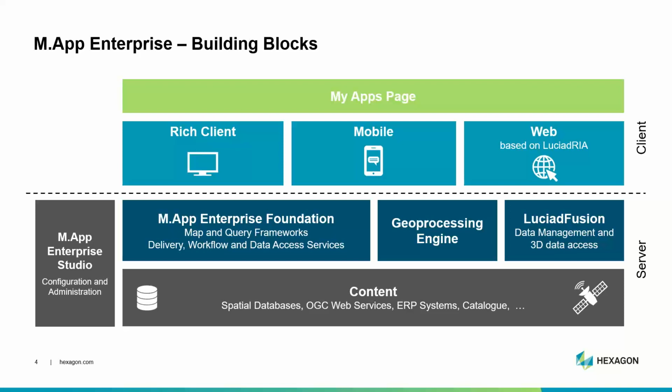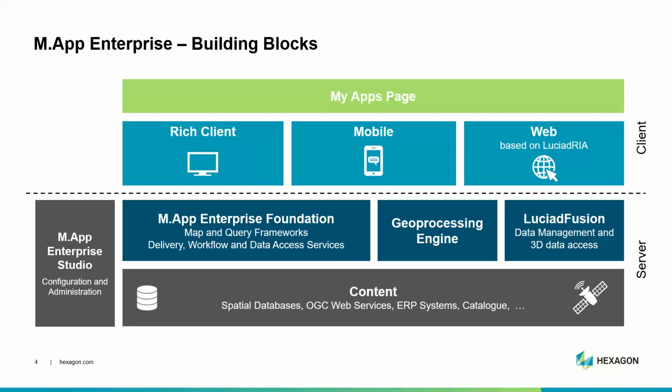With MApp Enterprise, we also have a geoprocessing engine where we can run some very advanced analytics, something similar to what we were showing this morning. But also, since the 2020 release, we have Lucid Fusion integration, which means there is a catalog capability, and also the ability to view and display 3D data.